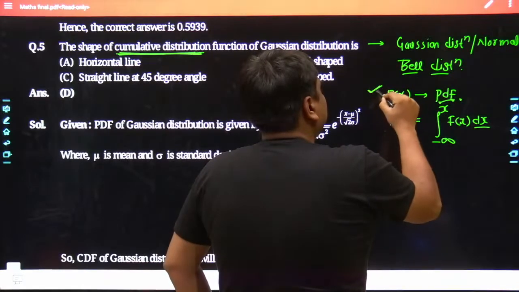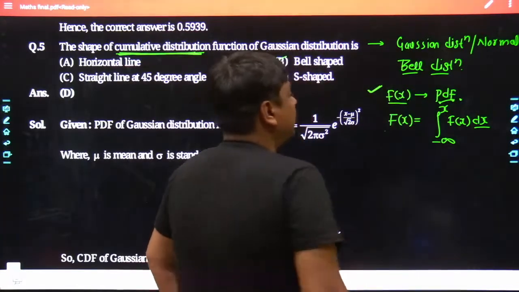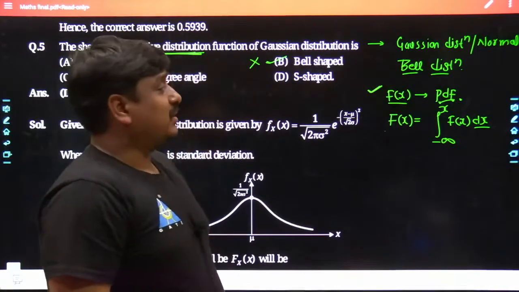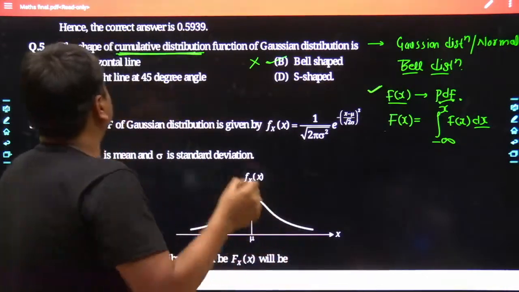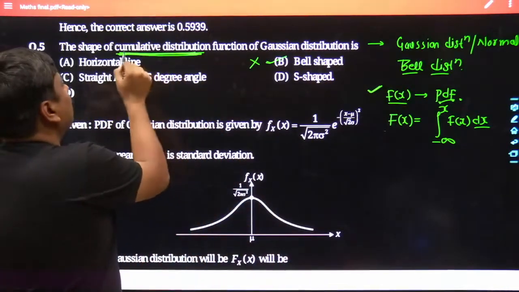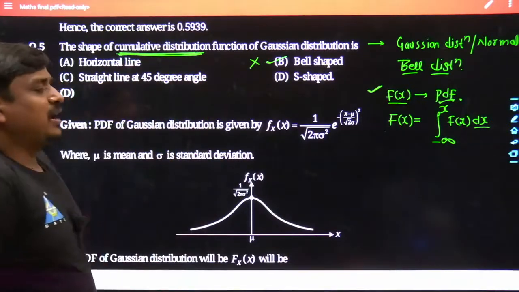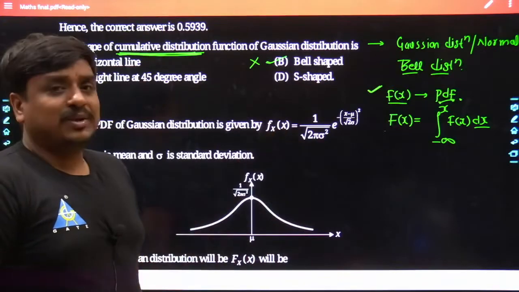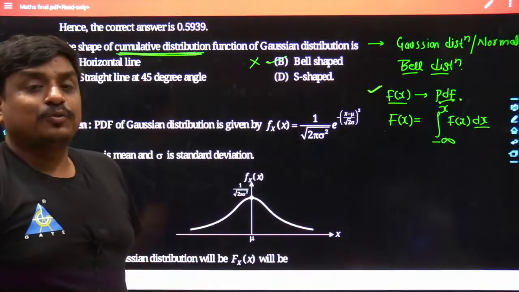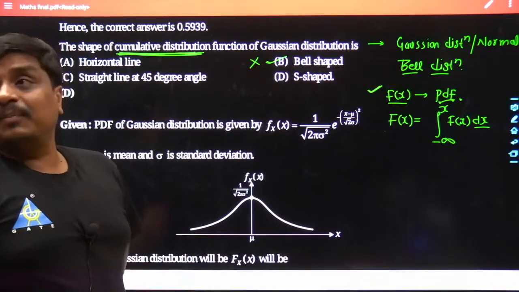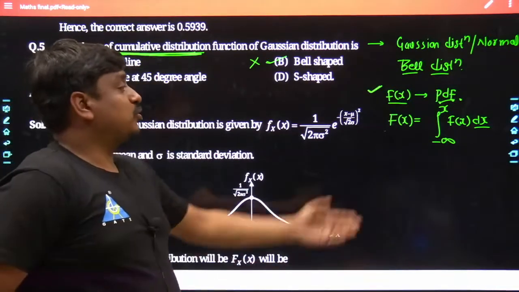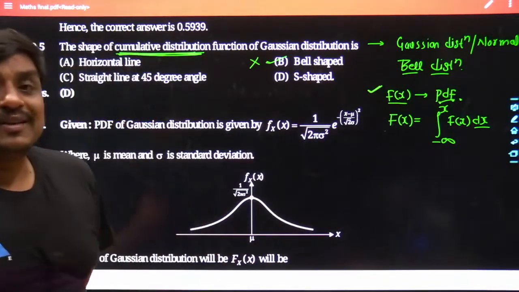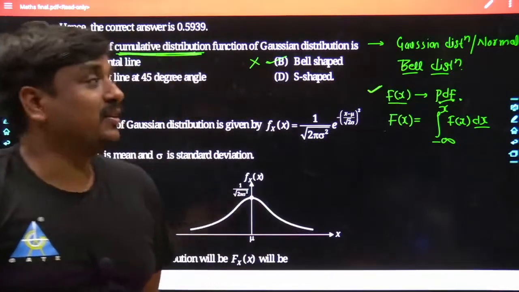If they had discussed the PDF, definitely the answer would have been bell-shaped. But rather than talking about the PDF, they are discussing the cumulative distribution, which is defined as the area under the curve of small f of x dx from minus infinity to the point of interest, and the point of interest is x.